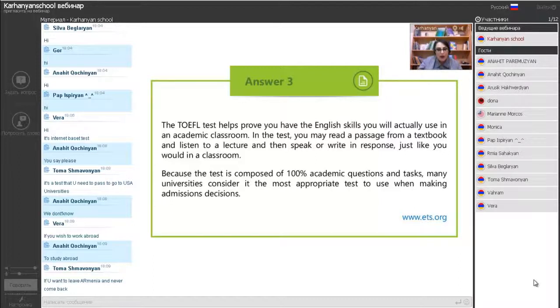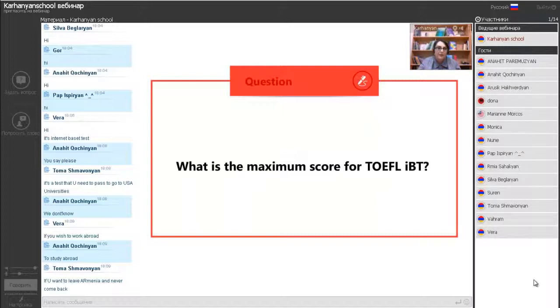So you know that the TOEFL test helps prove you have the English skills you will actually use in an academic classroom. So it is an academic test, okay? You may read a passage from a textbook and listen to a lecture and then speak or write in response, just like you would do in a classroom, okay?